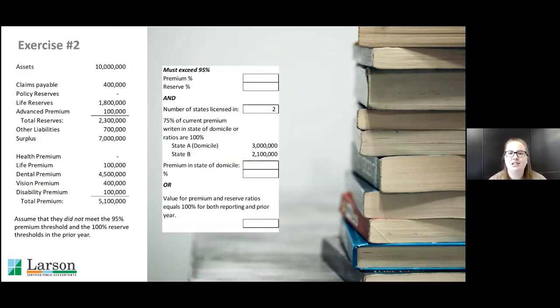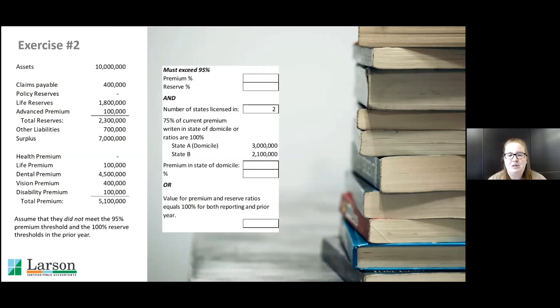So we're going to go through a second example to see if we have a similar outcome. A couple of things to note with assumptions that have changed for this example. First, they do have life reserves and they do have life premiums. So we automatically know there is the potential they won't be filing that health blank. Also, you'll note that they did not meet the 95%.